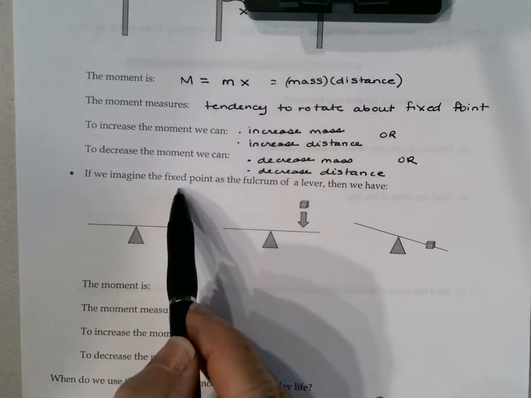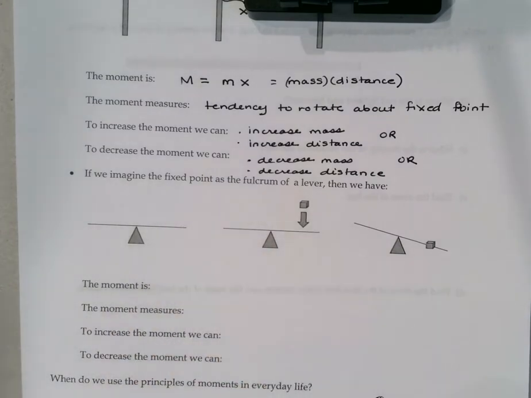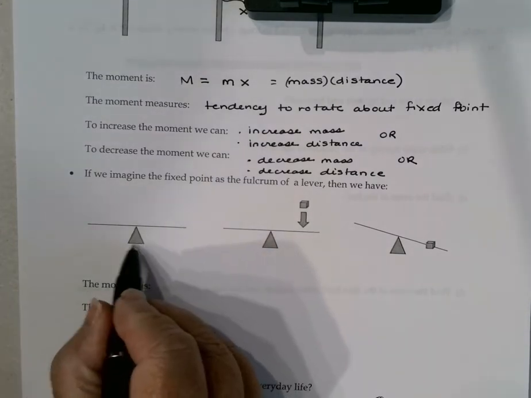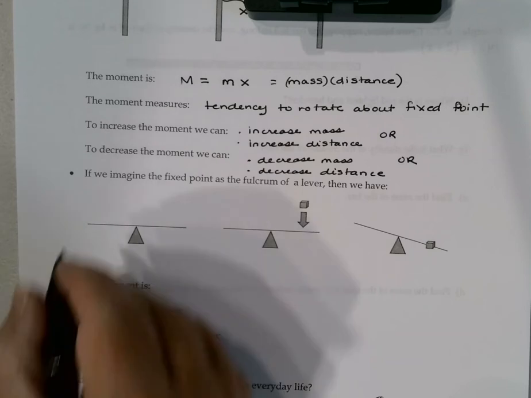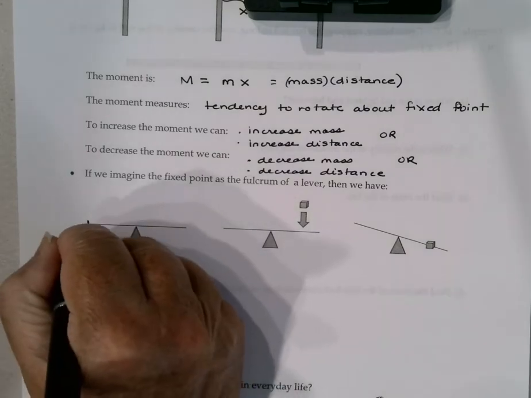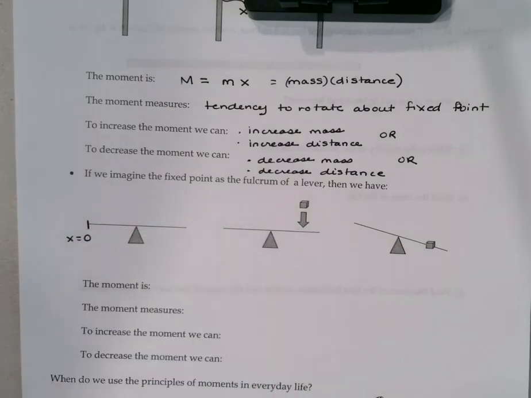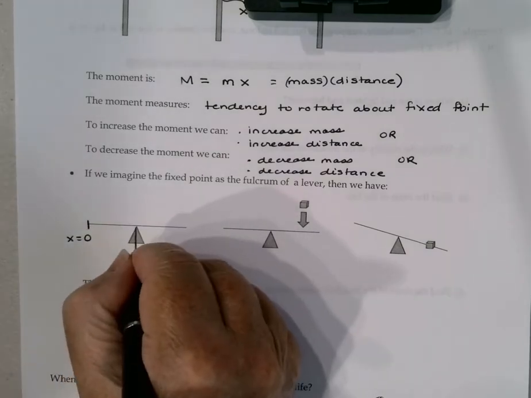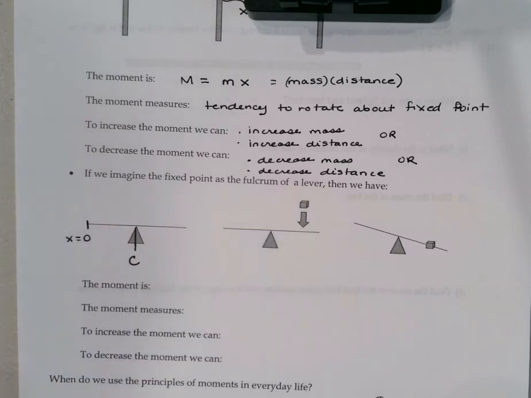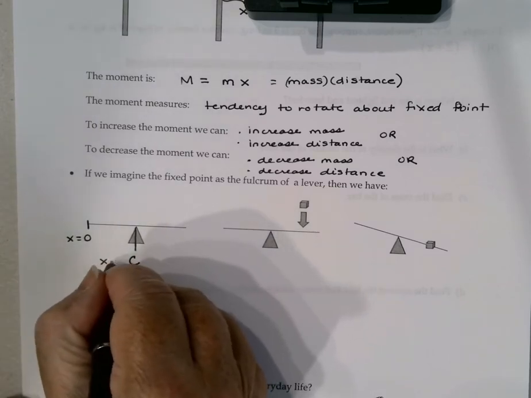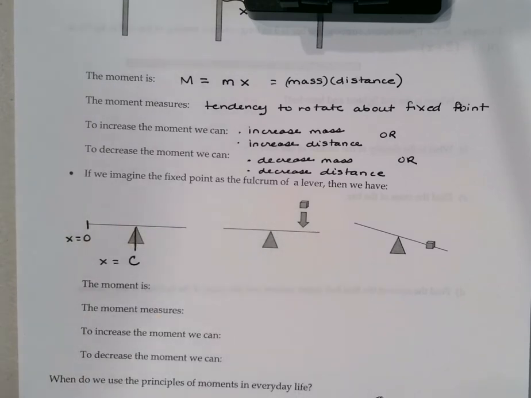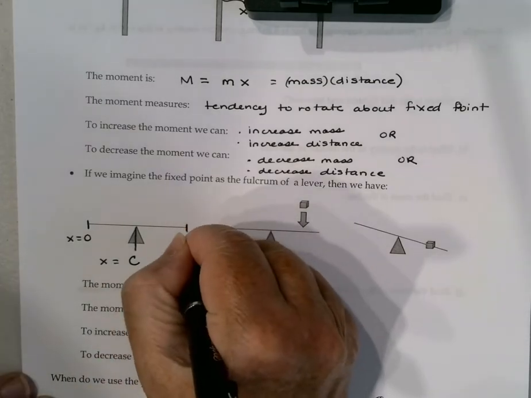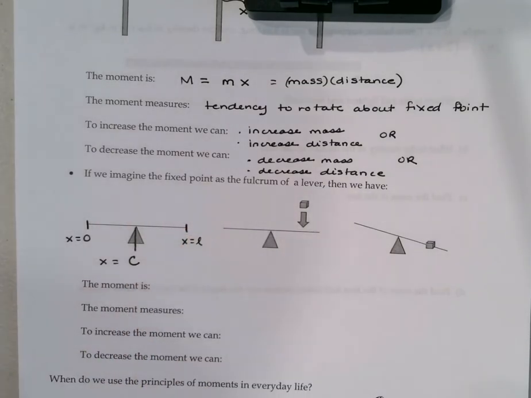If I imagine the fixed point as the fulcrum of a lever, the fulcrum being the balance point here, then we still want to define x equals 0 as the end over here. And let's imagine that this point C, or x equals C, is the point where the fulcrum supports our board. May or may not be right in the middle. And then, of course, x equals L would be the length of our board.